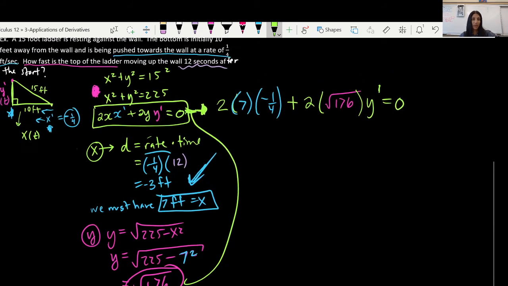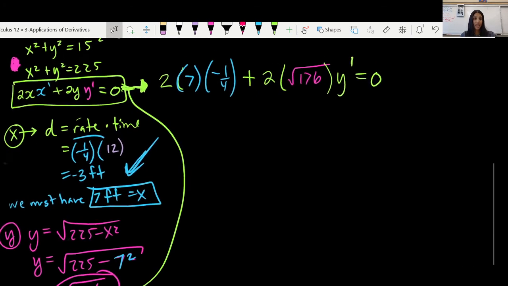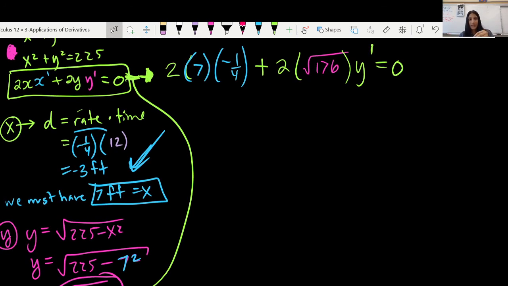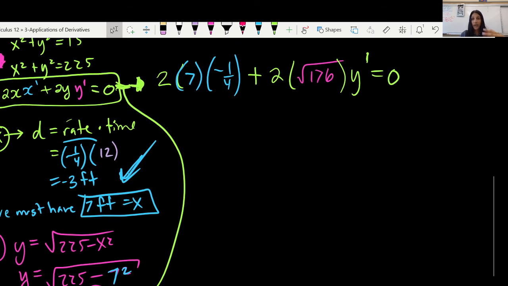So we worked our way through and found all of the missing components, and we plugged them back into that differentiated equation. And now we can see that we just have this one little y prime that we need to isolate to figure out what the answer is. So when we clean this all up, well, actually right here, I will clean it up a bit.